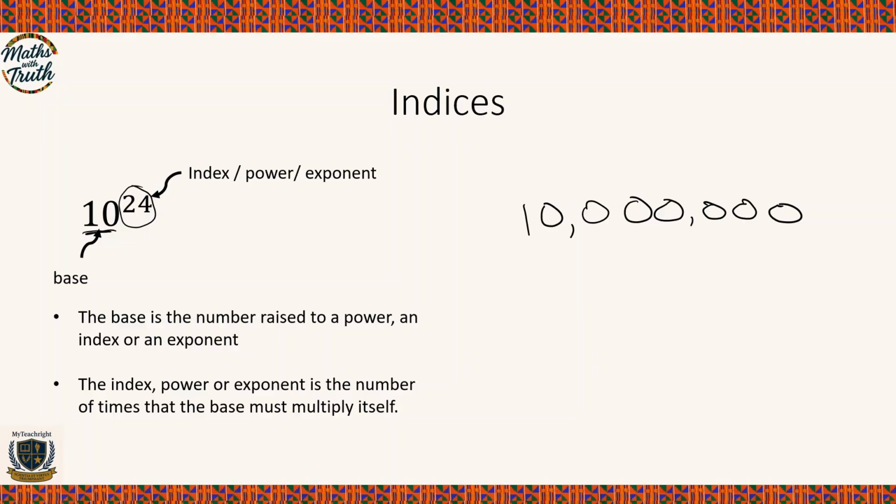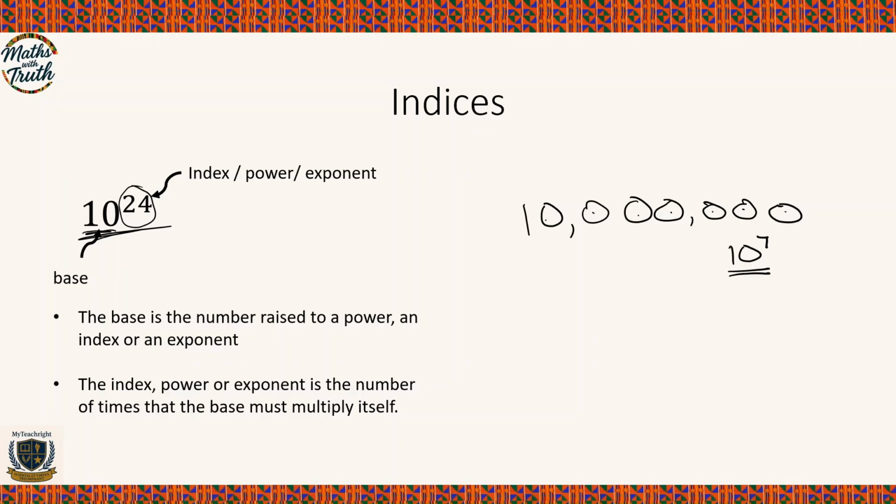One way we deal with that is to write it in this form, indices. So 10 million can be written as 1 by 10 exponent the number of zeros, 1, 2, 3, 4, 5, 6, 7 zeros. So exponent 7. See, this is very tidy.